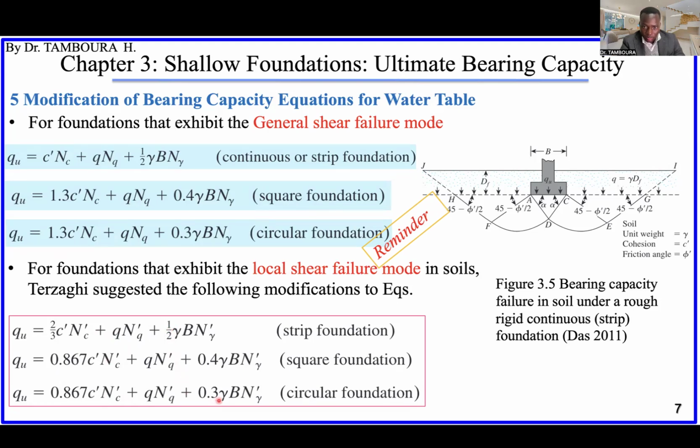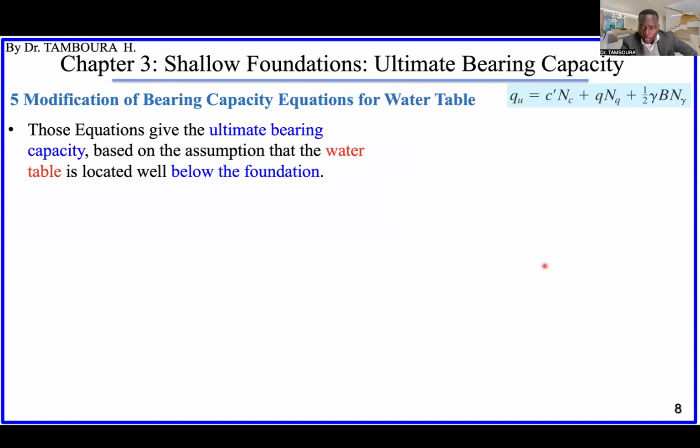All these 6 equations are for when the water table is very far from the footing base. There is no water, or the water is very far from the foundation. I will put one of these formulas here.